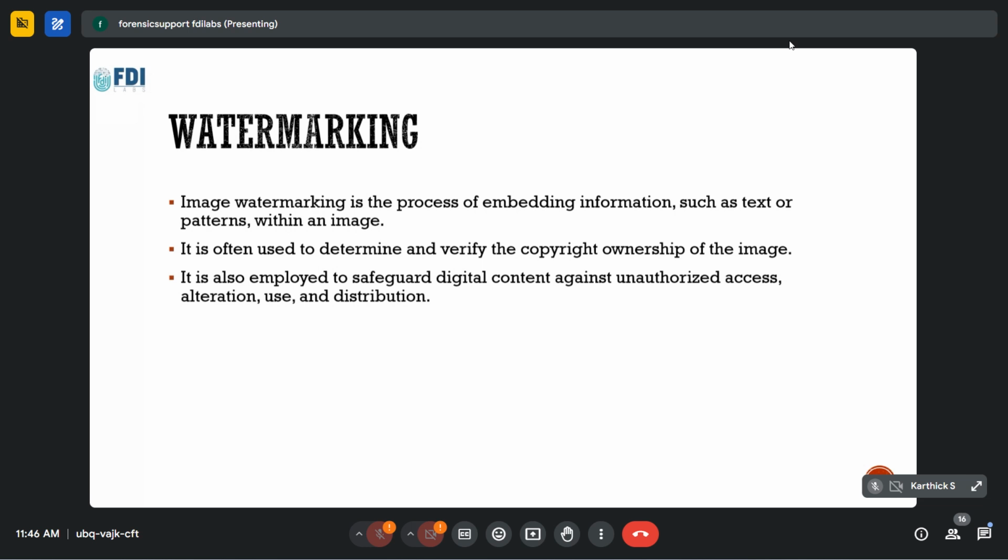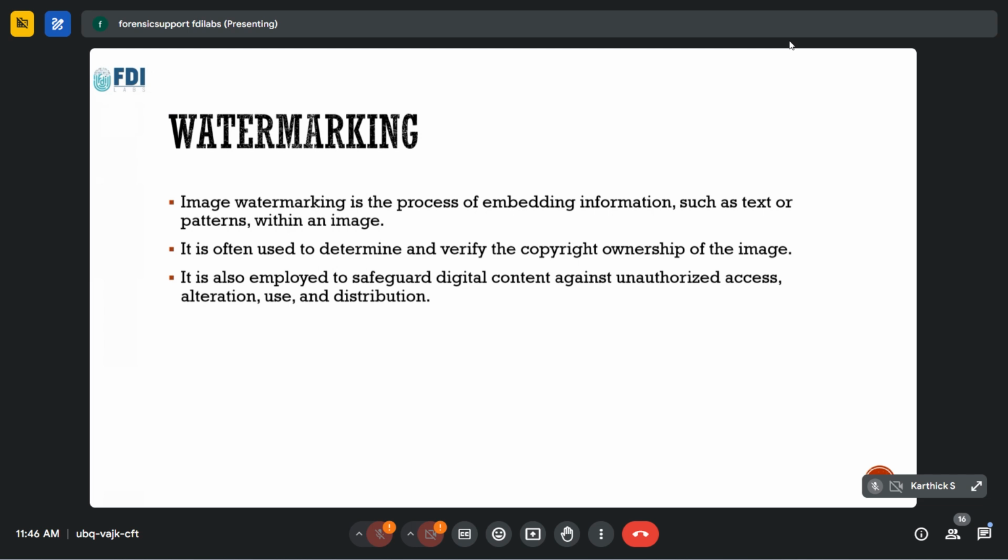I already explained that active image authentication means any information or data that is embedded into an image when it is created, from the date of origin of that particular image. This active authentication method is subclassified into two types: digital watermarking and digital signature.